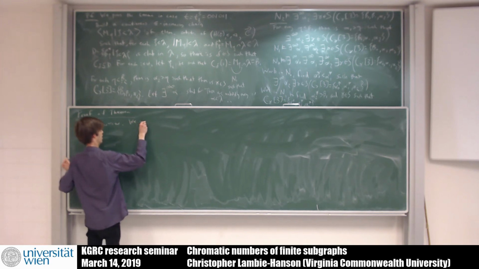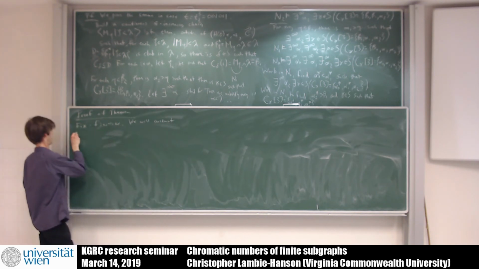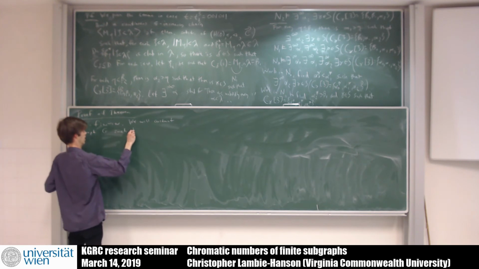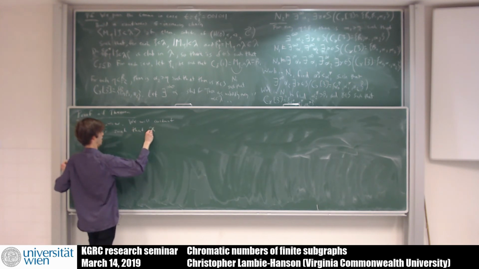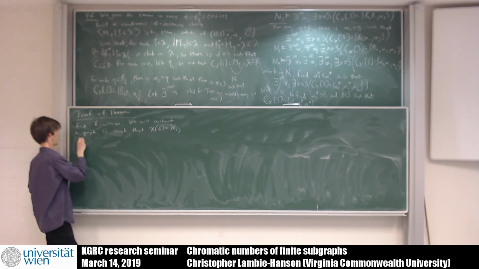We will construct a graph G such that the chromatic number of G is aleph 1. As I said, the size of G is going to be 2 to the aleph 1.